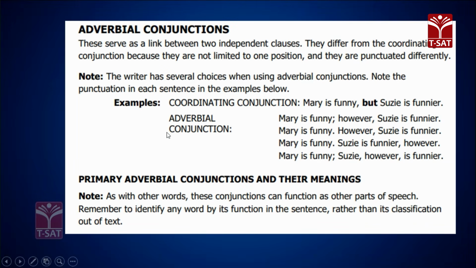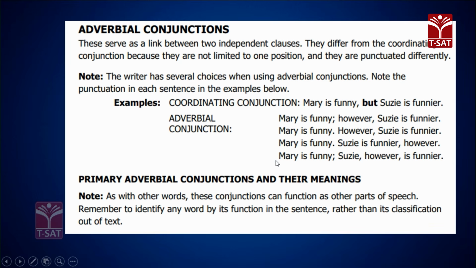And these are the last category of conjunctions, called adverbial conjunctions, right. These serve as a link between independent clauses.